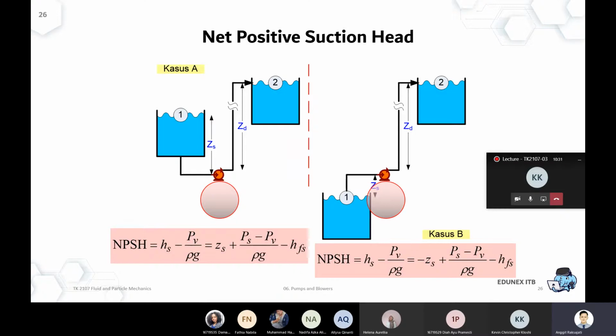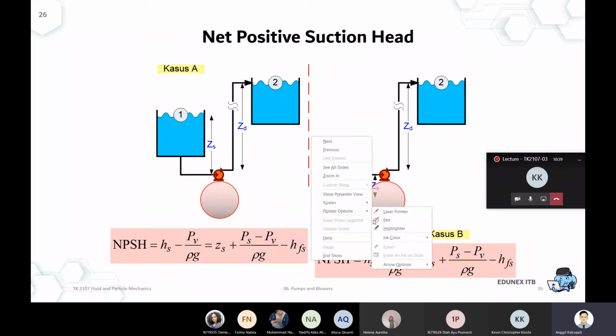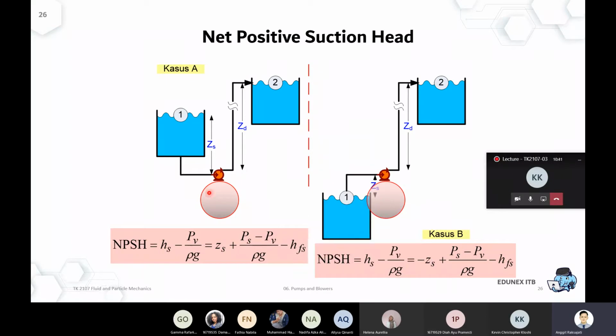Again, be aware of the position of the pump. If the pump is below the source tank, that means the notation of the elevation has to be positive, because in this case it will help the liquid go to the pump more easily without causing vaporization.